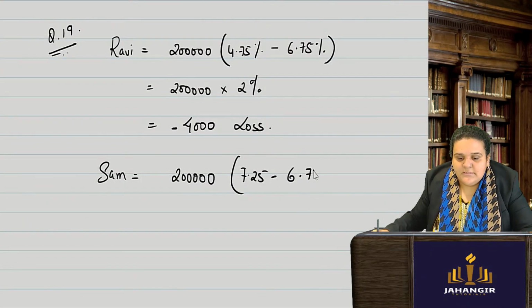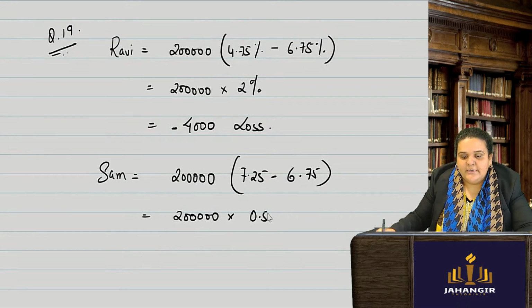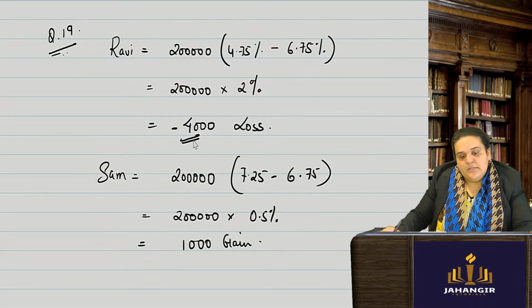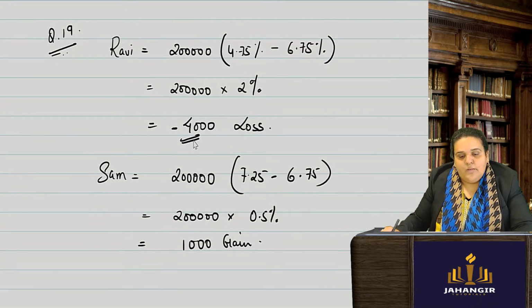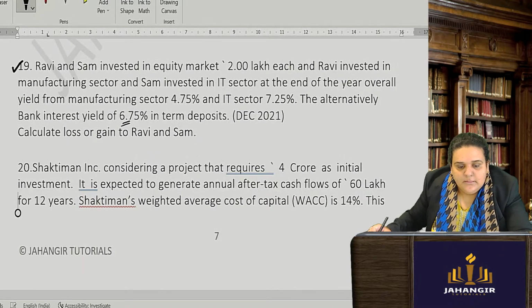And term deposit is standing at 6.75. So 2 lakhs into 0.5%, that is going to be 1,000 gain. So the answer is Ravi is at a loss of 4,000 and Sam is at a gain of 1,000 rupees.